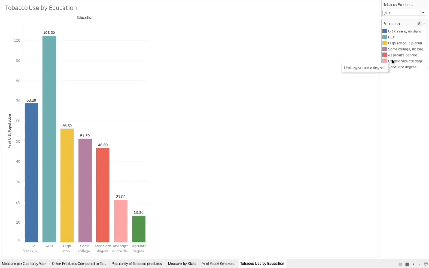We have also added a filter in that a viewer would be able to choose different tobacco products and see how the graph changes based on that.